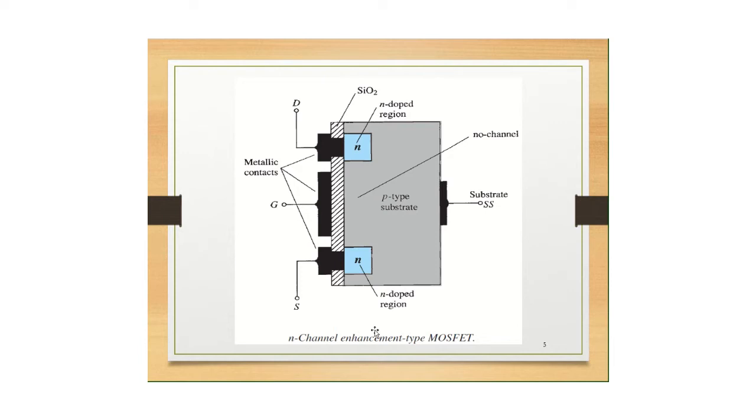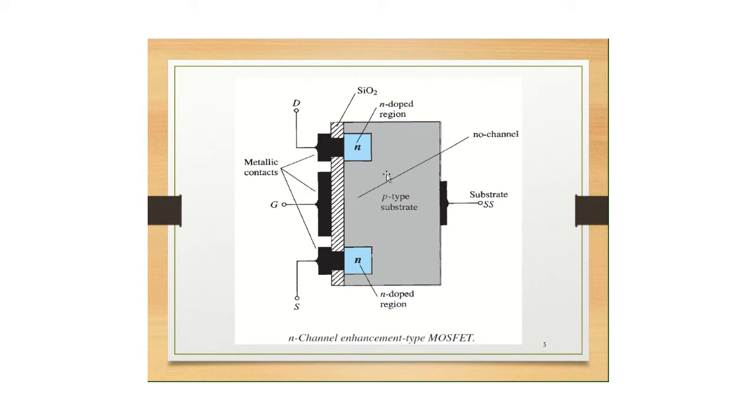So for N-type enhancement MOSFET, the body or the substrate is P-type, all right? The other way around, for P-type enhancement MOSFET, the substrate will be N-type, okay? So now we are discussing N-type enhancement type MOSFET, all right?